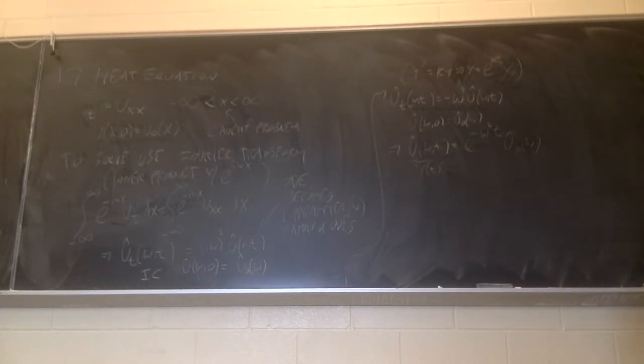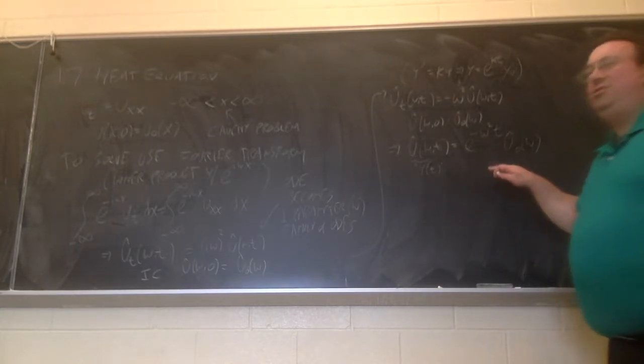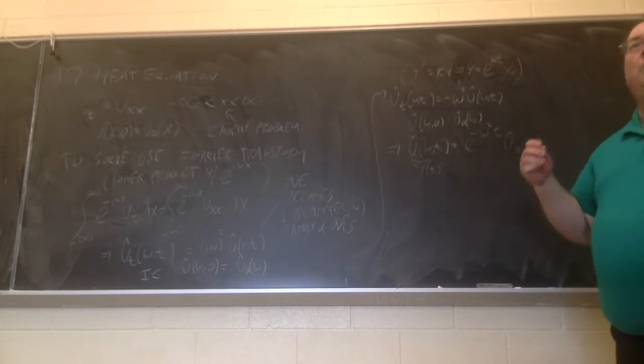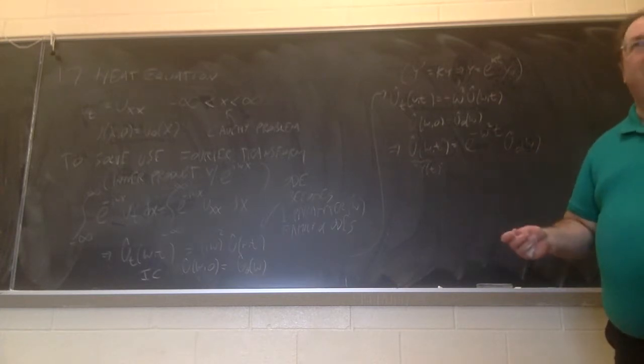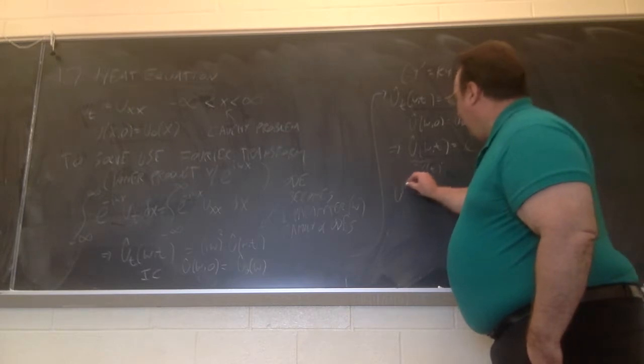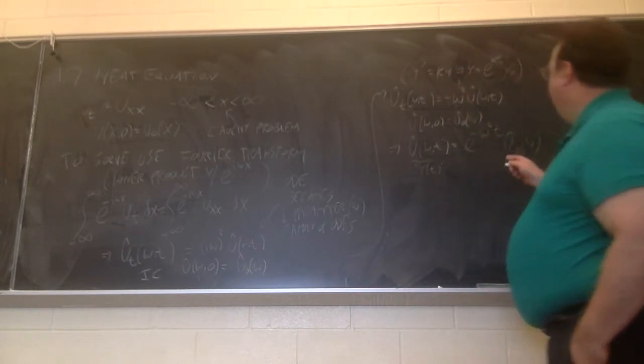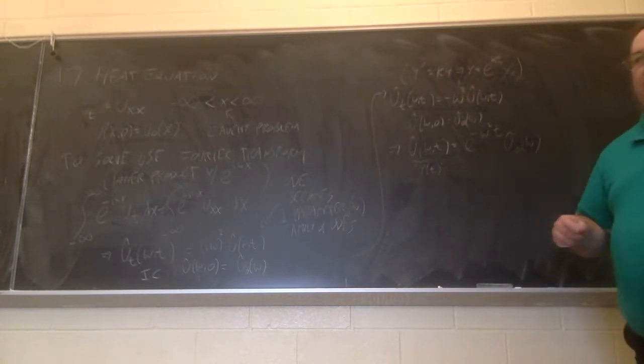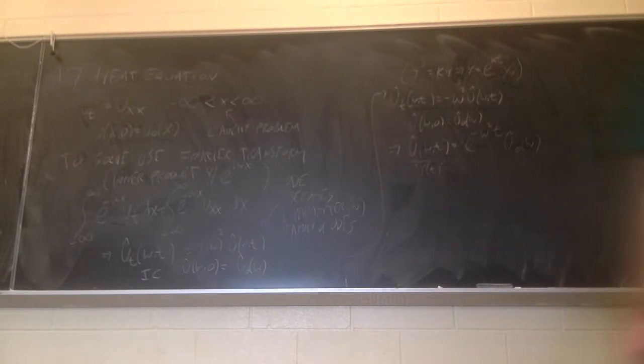So what this is, though, is not the solution of the PDE. It's the Fourier transform of the solution of the PDE. So we could say that this is the Fourier transform of the solution.